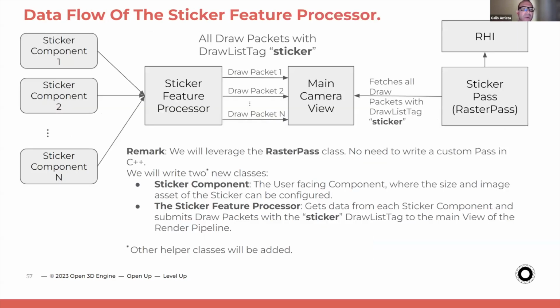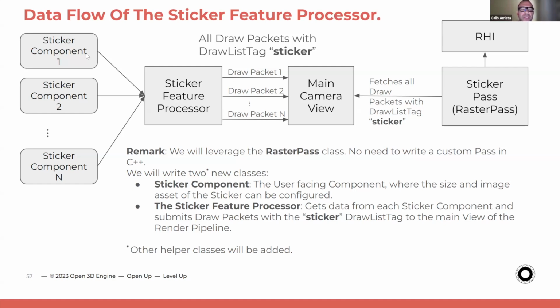So here's the data flow. On the left side, we're going to have, let's say, 3 entities or n entities. Each one of those entities will have a sticker component. All of these sticker components are going to talk to the same sticker feature processor. That means the sticker feature processor is going to keep a local map, a local database, of all of the stickers it's supposed to render.